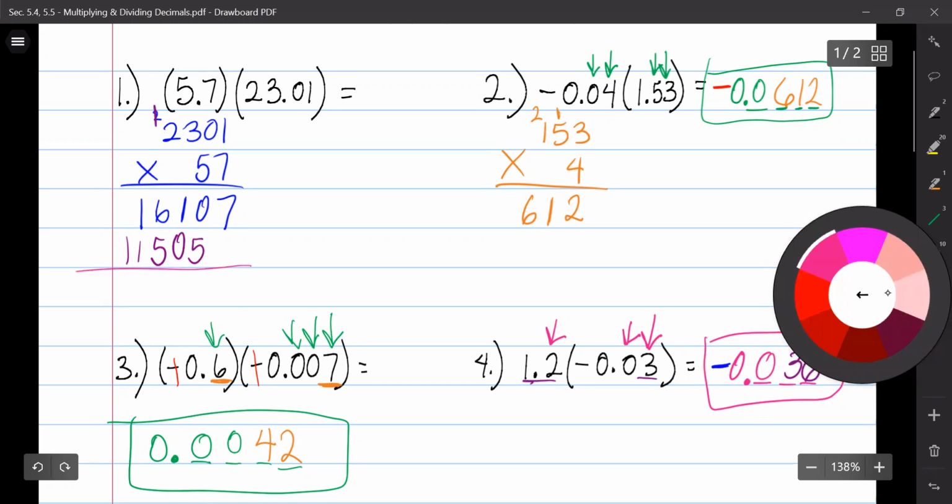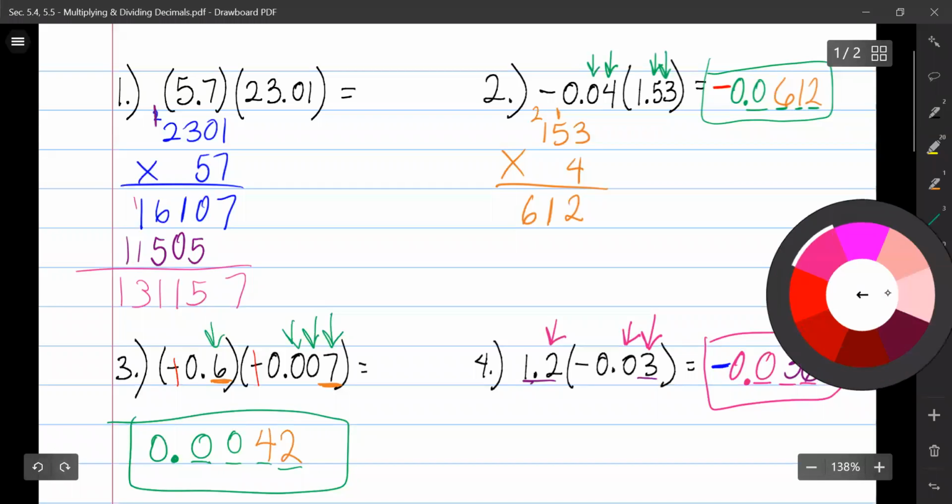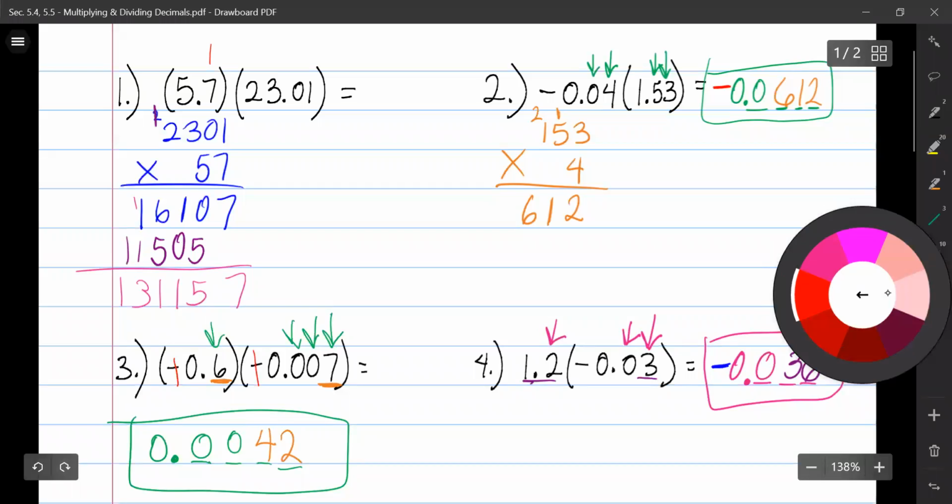So I got 131157. And I need 1, 2, 3 digits after the decimal point. So 1, 2, 3. So my final answer is 131.157.